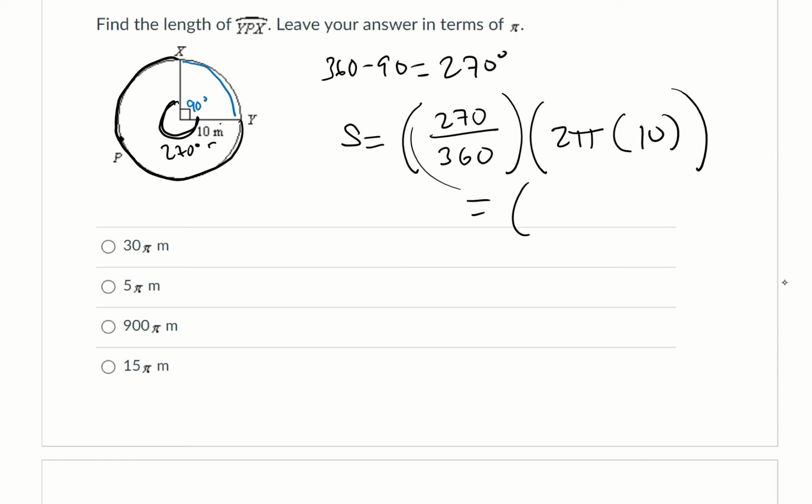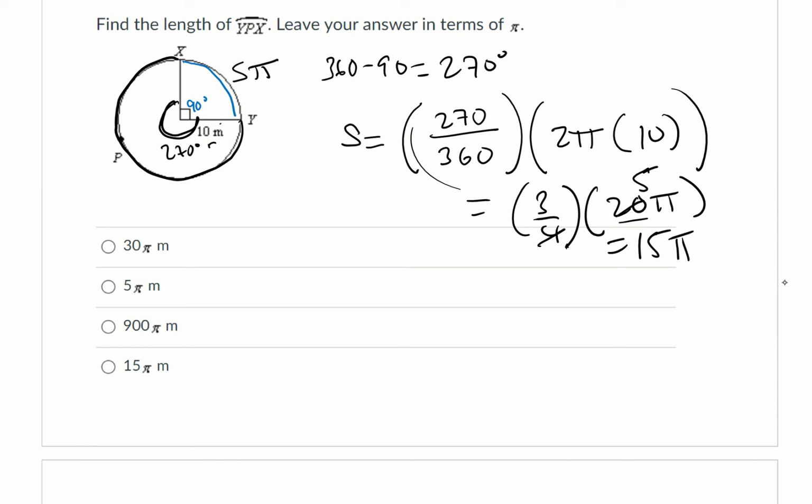So this is 3/4 of 20 pi. 20 divided by 4 is 5, and then 5 times 3 is 15. So the entire circle would be 20 pi, this part would be 5 pi, and this part is 15 pi. And that's the part that we want, the 15 pi part. So it's 15 pi meters.